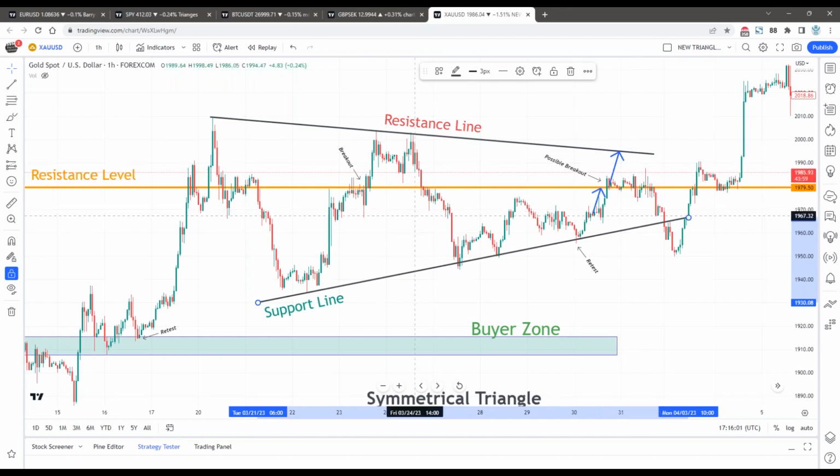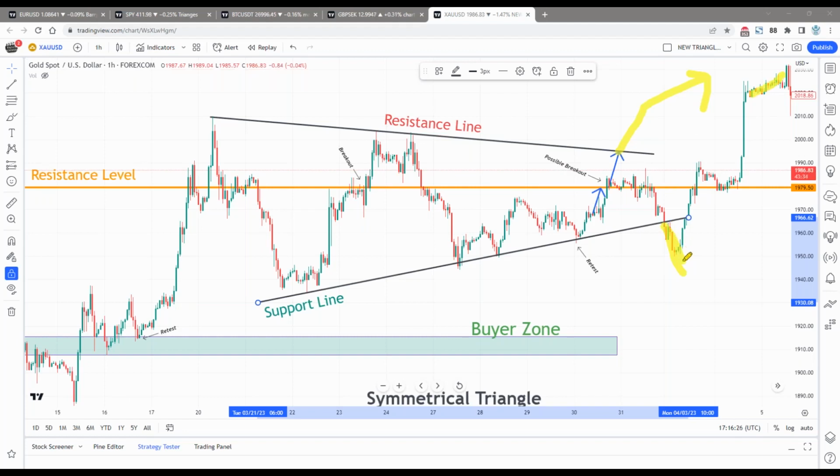And if you get yourself convinced that this is going to be a breakout and a continuation of the previous move, because that's what a symmetrical triangle is, well, guess what? You would have been completely wrong. Yes, price eventually moved up, but price broke out downward.